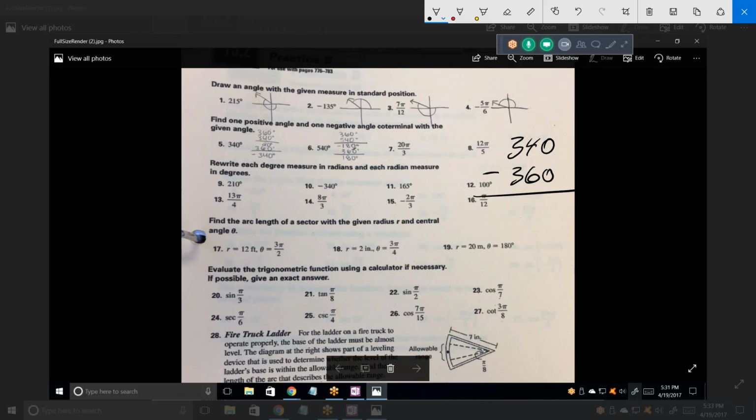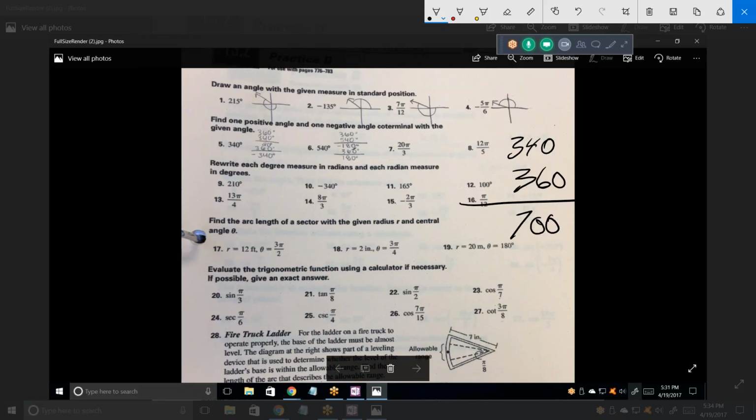Okay. So it's 340 minus 360 is what? Negative 20. So there's one angle because they want a positive one and a negative one. So there's our negative one. Now, to get a positive one, we're going to add 360. What's that give you? 700.